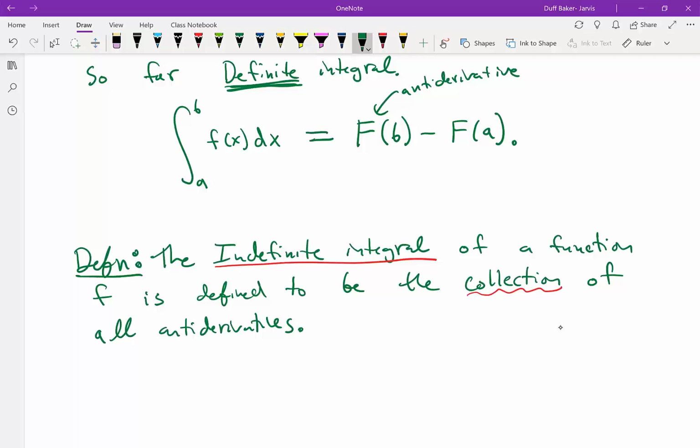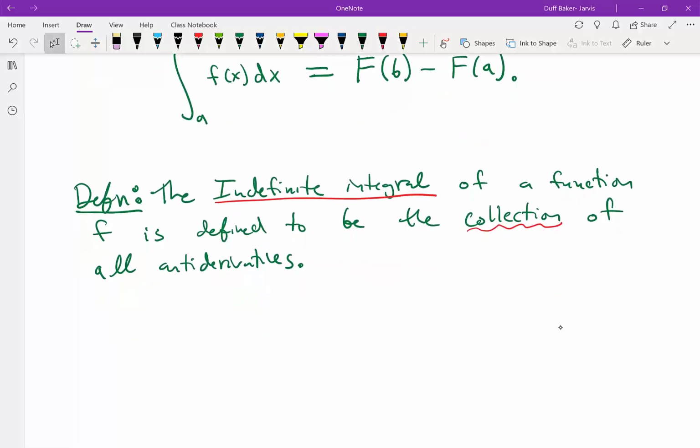Does anybody remember what name we had for that? We had another name for the collection of all antiderivatives. What else did we call that? Nobody?